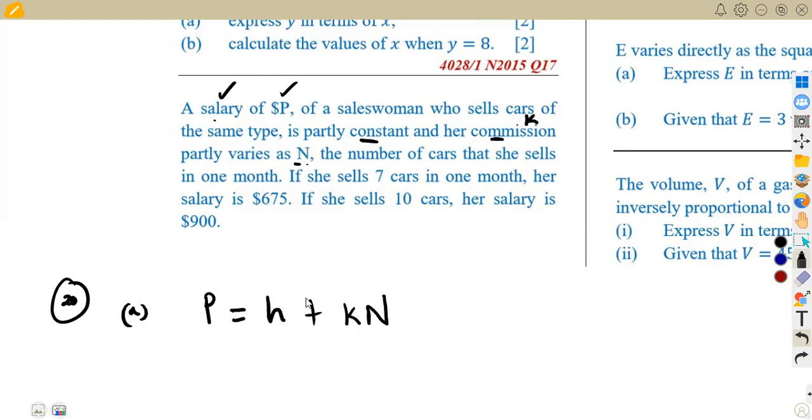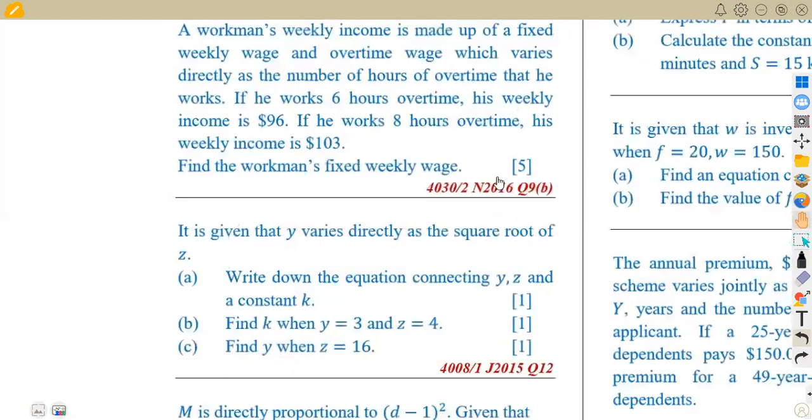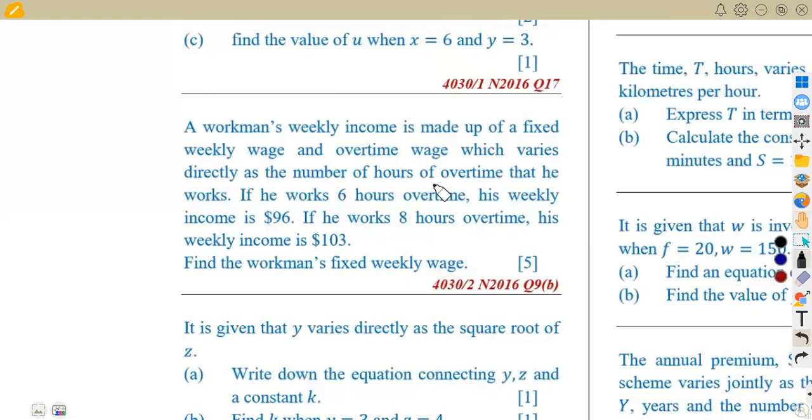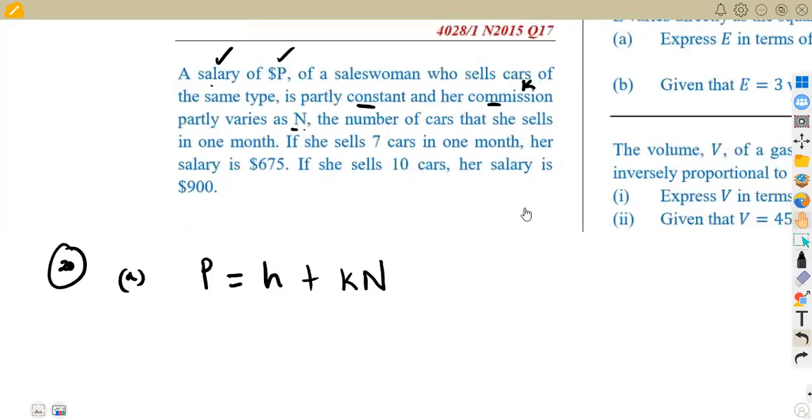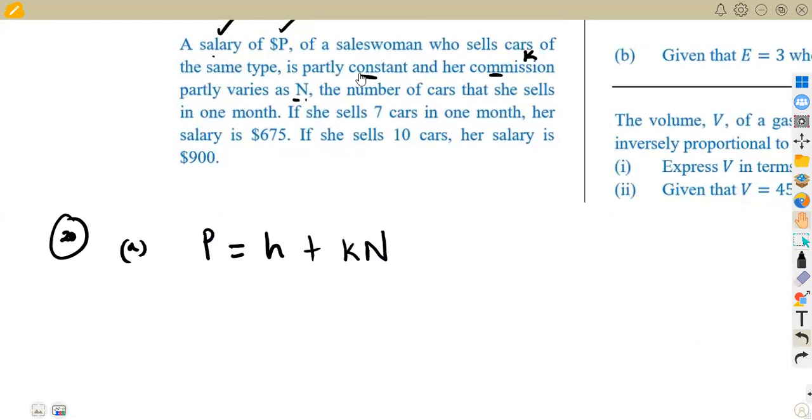So here commission is a constant, so that we do not confuse it with the overtime wage, which varies directly as the number of hours. There you consider a constant with what is affected, but something that is fixed, just a constant, you just indicate as H. That is the same part as when you are given partly constant.